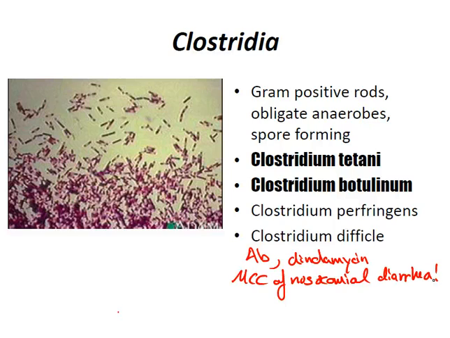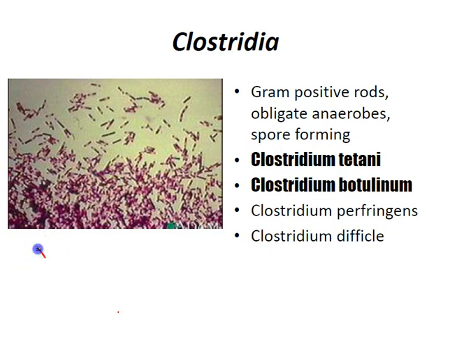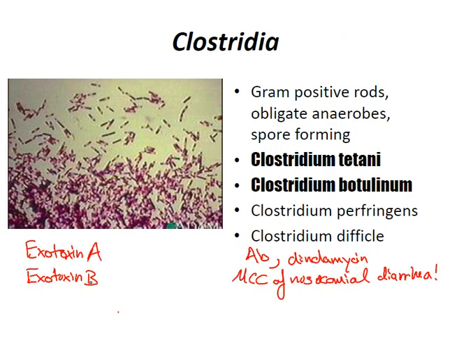Now, Clostridium difficile produces two toxins. That's exotoxin A, which is an enterotoxin, and exotoxin B, which is a cytotoxin.